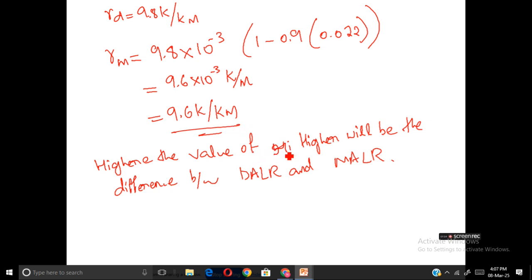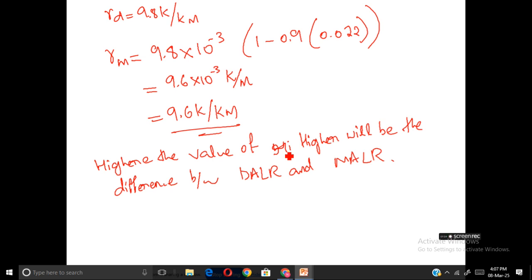The value of mixing ratio is dependent on the geographic location as well. In coastal regions, the air will have a higher value of mixing ratio, which means the difference between DALR and MALR will be higher over coastal regions.